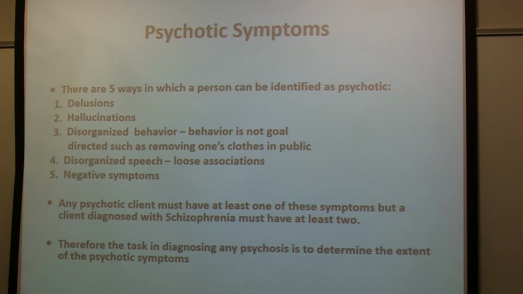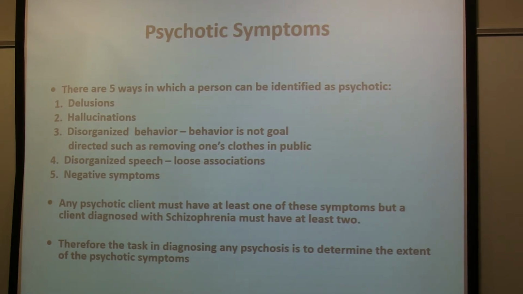Psychotic symptoms. There are 5 ways a person can be identified as psychotic, and they are delusions, hallucinations, disorganized behavior, and what that is, behavior that is not goal-directed, such as removing your clothes in public, disorganized speech, which is also called loose associations, and what that means is that the person is not connecting.